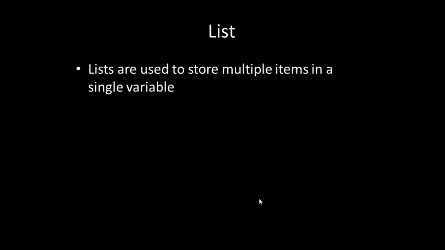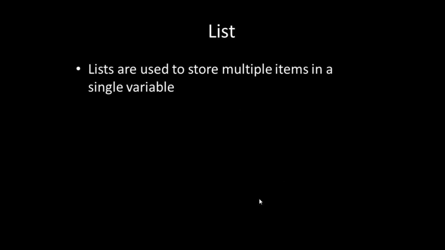Now list. What is a list? A list is used to store multiple items in a single variable. In my last video, we discussed dictionary, which is another type of collection. To see the details of that video, refer to this link.